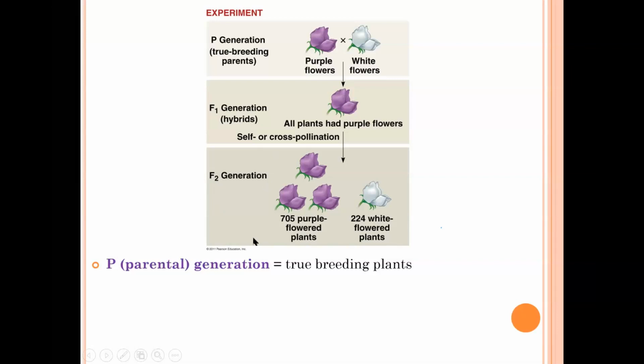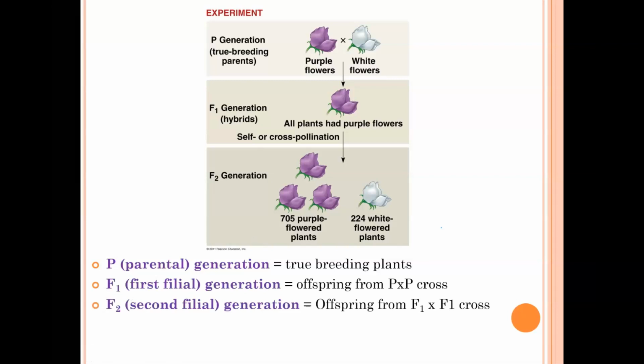The F2 generation is then used to figure out what is the mode of inheritance, what trait is dominant, what trait is recessive, etc. And so what I'm trying to do here is I'd like to annotate.